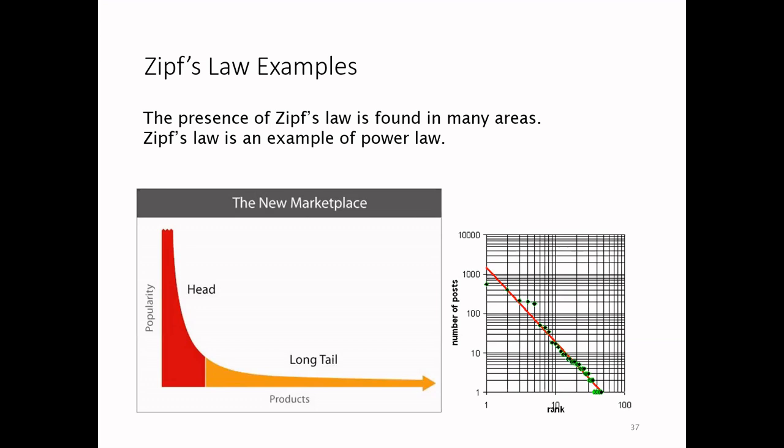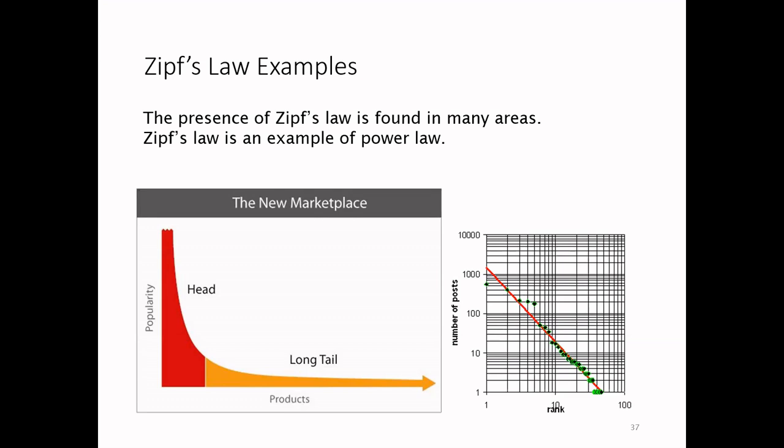Same thing if you look at the items being sold on Amazon. You look at how many units of a particular item are being sold. That will be the frequency, and then you rank them. Again, you will find that that relationship falls into Gibbs law. So Gibbs law says that many of these things, social interactions, purchases on Amazon and all that, follow it.